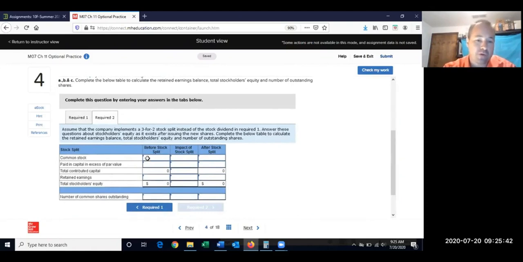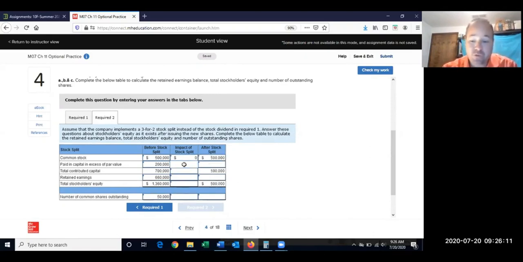All of our numbers are still the same. We had 500,000. We had 200,000 in my additional paid-in capital and 660 in retained earnings. Total shares, 50,000. Now, whenever there's a stock split, remember there's no journal entry. So nothing happened here. My common stock is still at 500,000.